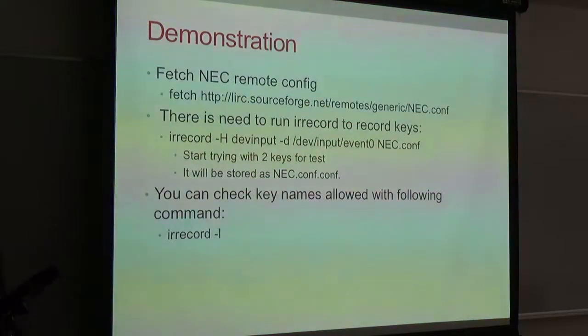Just to test, I recorded two, three or four keys. After I finish this program, it will be stored in this form, kind of ugly, but that way. I don't know why it works that way, but it worked this way. You can also check what key names are allowed with the command irrecord -l.